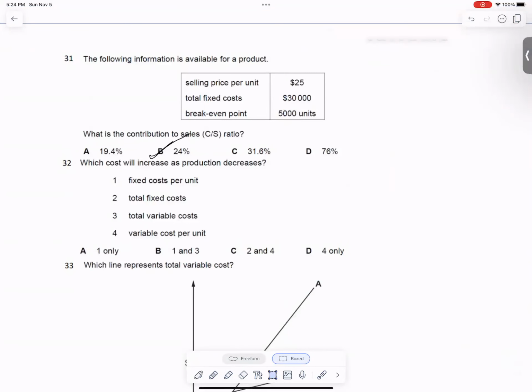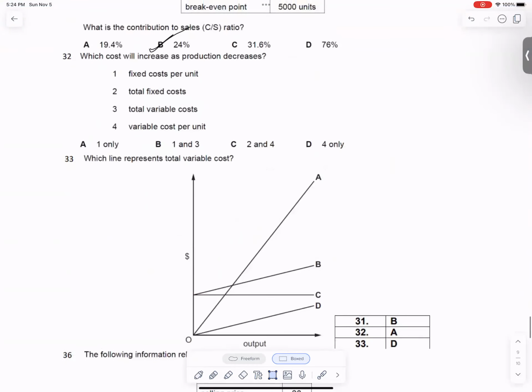Which cost will increase as production decreases? As production decreases, the total variable cost decreases. Yes, miss. As production decreases, your total variable cost decreases. Which cost increases? Fixed cost per unit will increase. This is decrease.